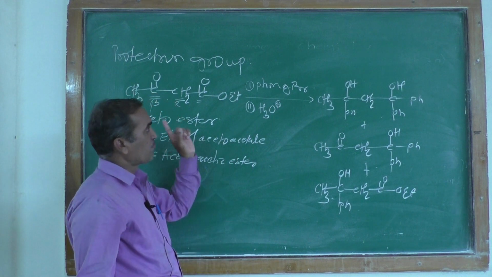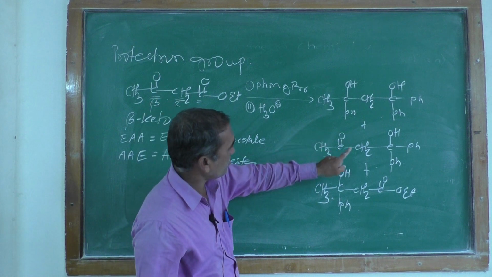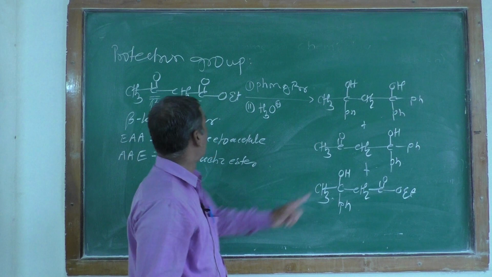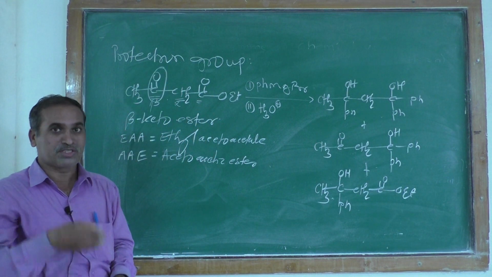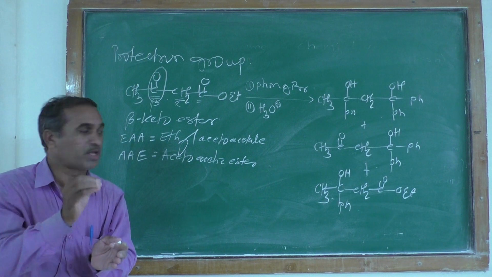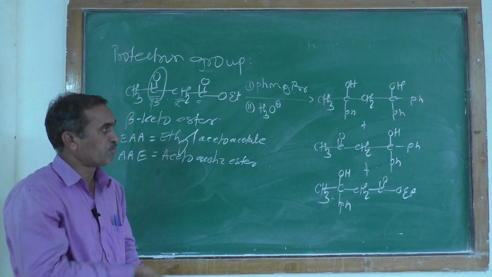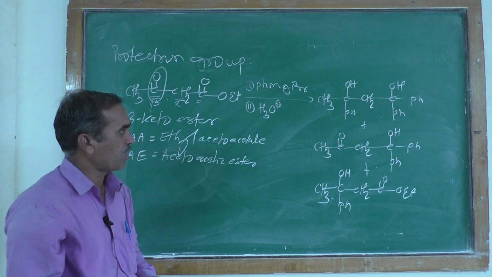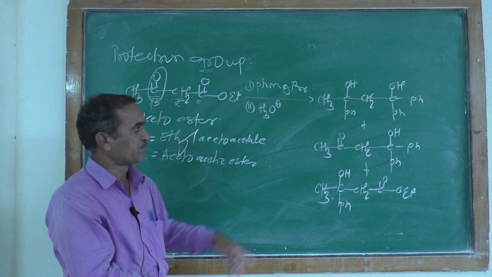But we don't require that; we want to prepare this type of compound, and for that purpose we need to protect this carbonyl group, because it is more reactive. So you have to mask or protect this group by using a suitable reagent. First protect this and then carry out the reaction, so that you will get this type of product.